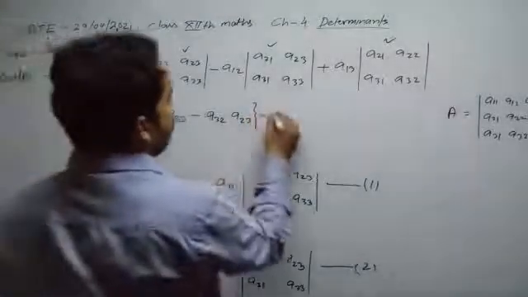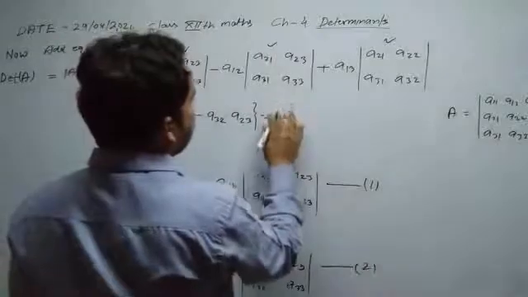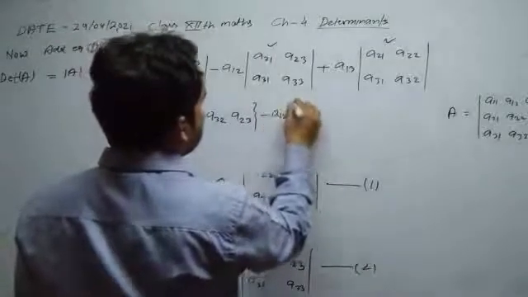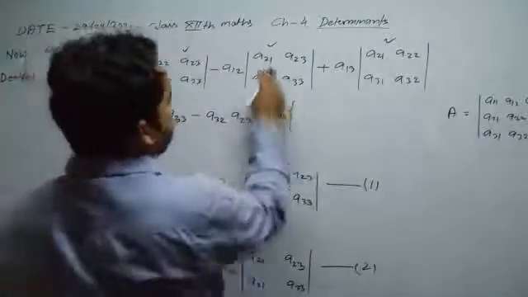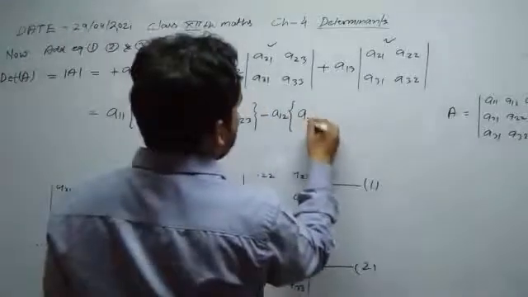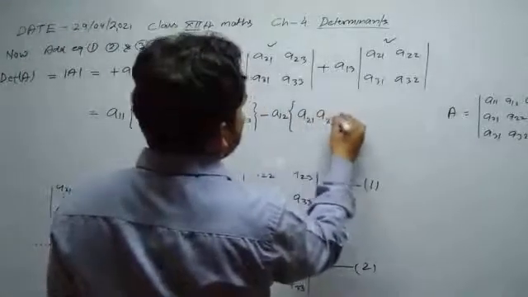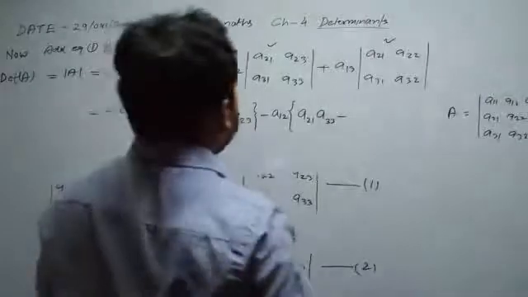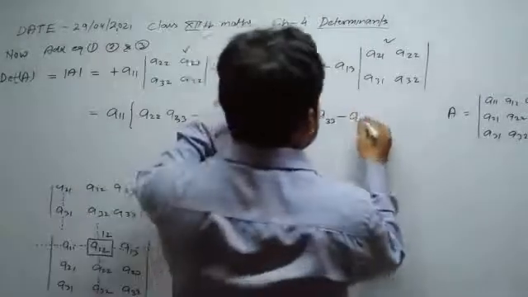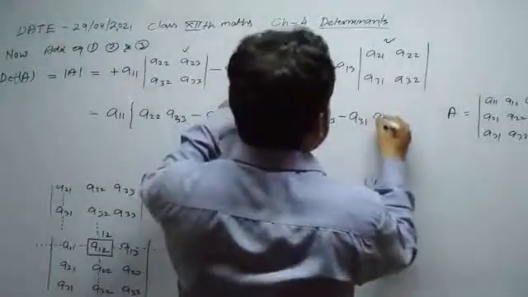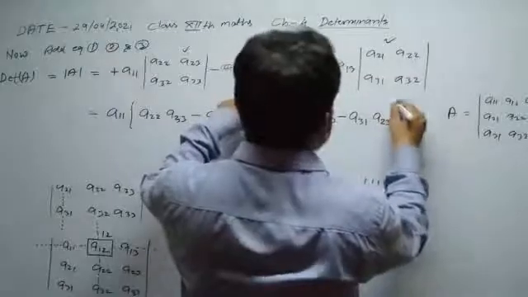Similarly, minus A12, that is A21, A33 minus A31, A23.